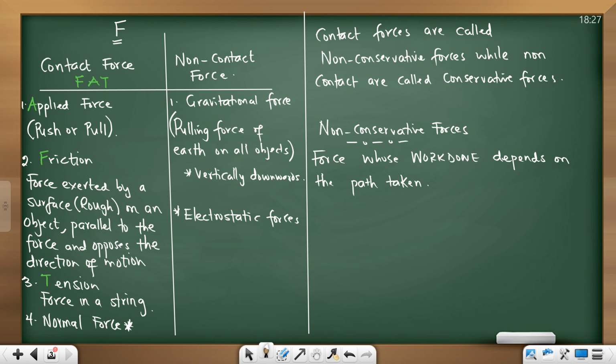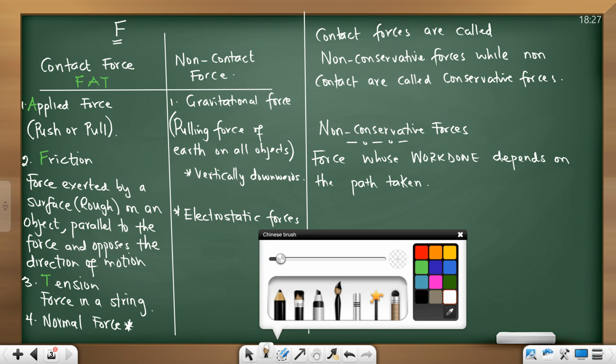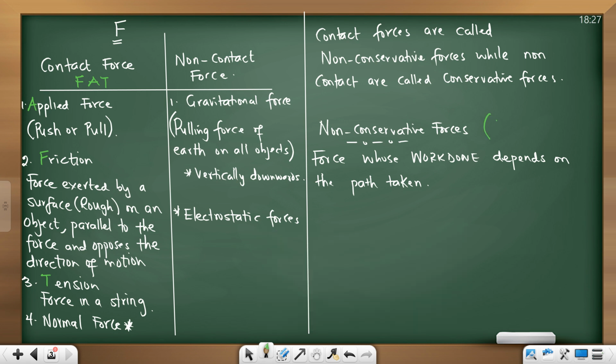If it depends on the path, there must be contact. I don't know if that makes sense. If it depends on a path, path is your way. So there must be what? Contact. And what are these forces? FACT. So my non-conservative forces are FACT.